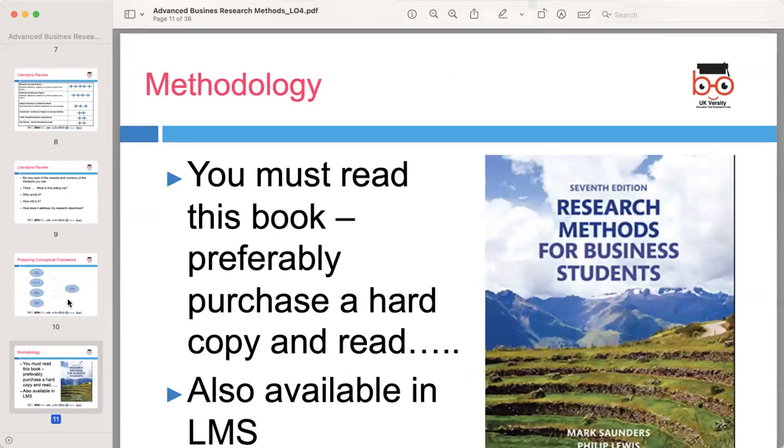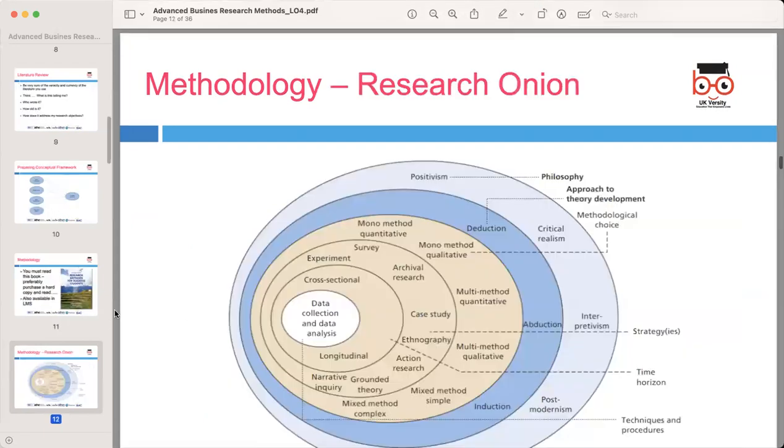Here, methodology. You must read this book, just referring to a book. So the research onion we discussed yesterday as well. There are layers when you talk about methodology. So we discussed positivism, critical research, deduction, abduction, induction, postmodernism.